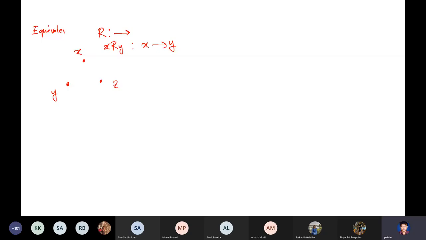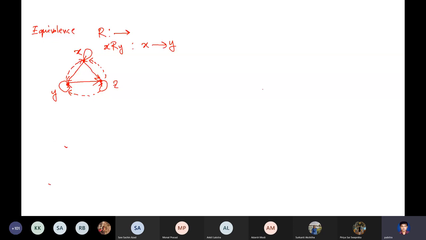And an important thing, let me change the color. Anyway, let me draw a dashed line. The symmetry property says that for an equivalence relation, if x is related to y, y should also be related to x. So this is the symmetric property. This is the case of an equivalence relation.